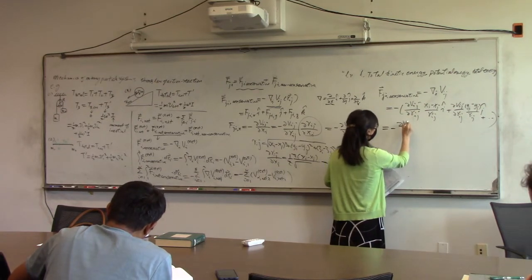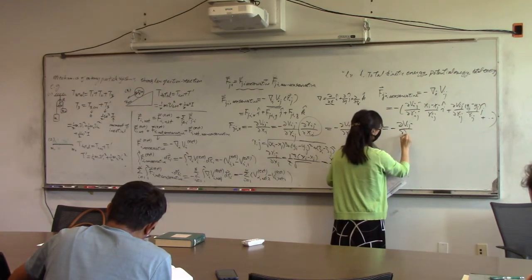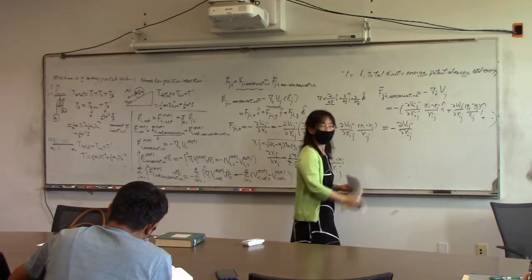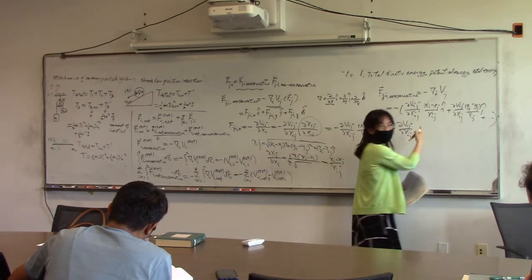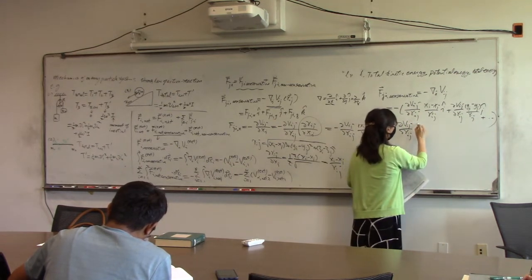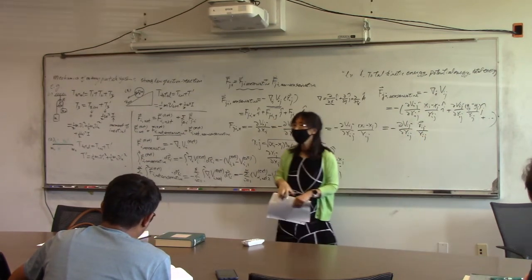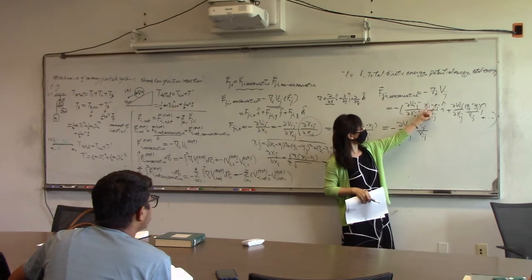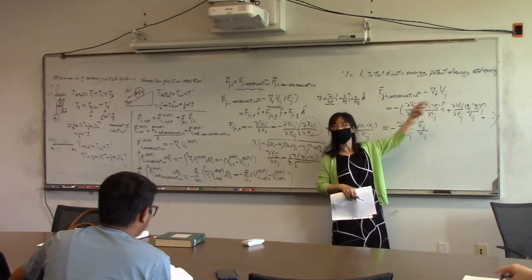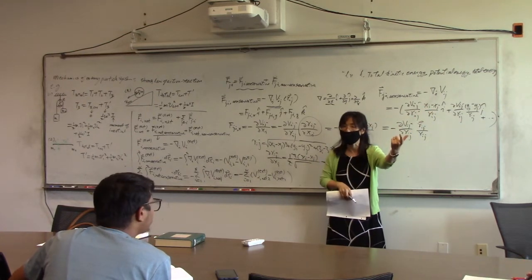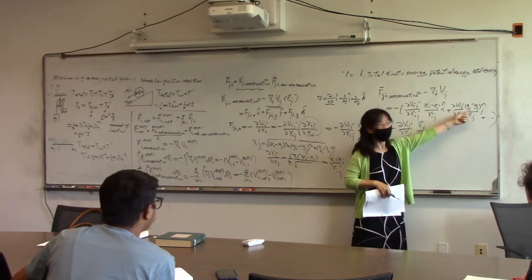So that is negative partial Vij over partial Rij, and here this is a vector, the vector Rij, right? Because the x component, the difference xi minus xj, is the x component of Rij, and this is the y component of Rij.